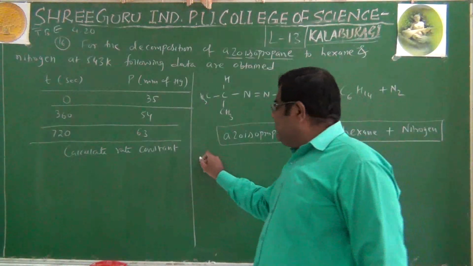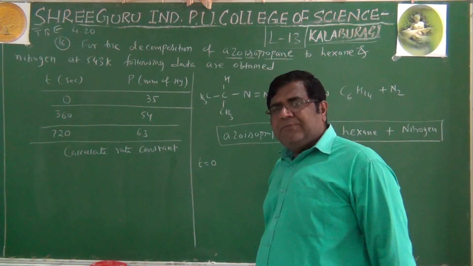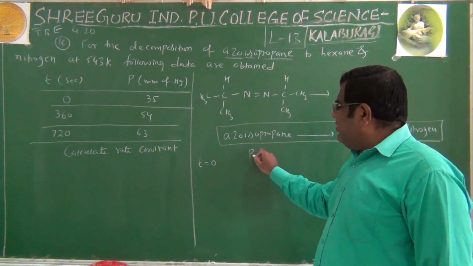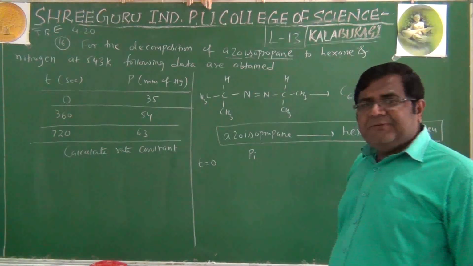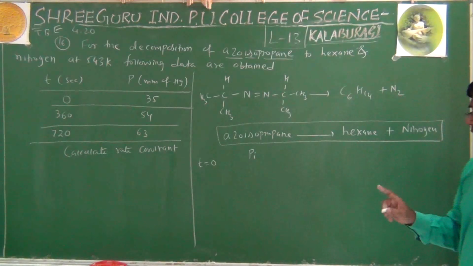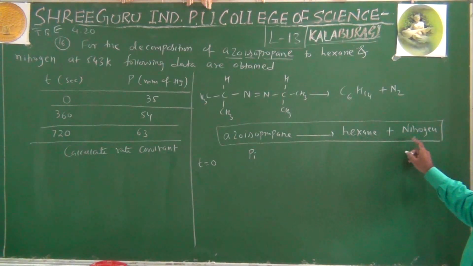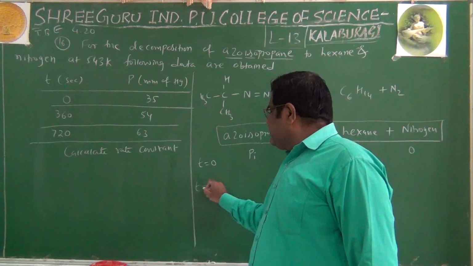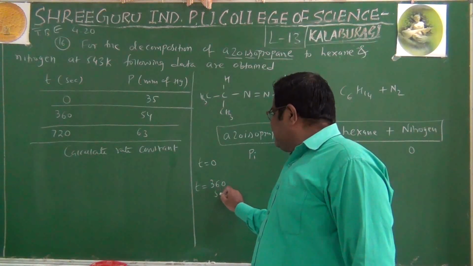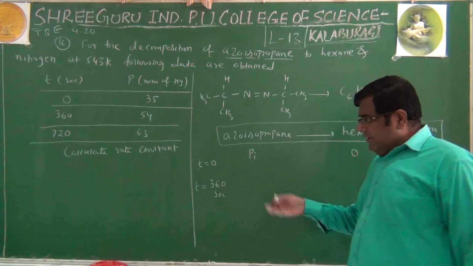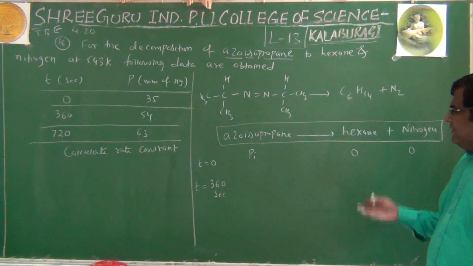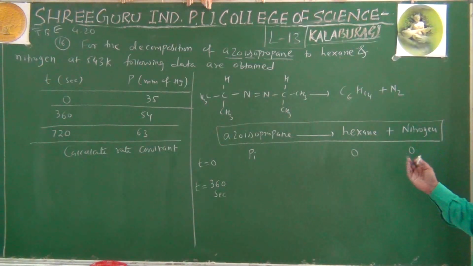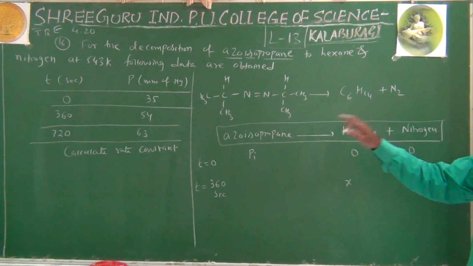Now we can say at t equals 0, this pressure we call Pi, the initial pressure. Initially there is no hexane and nitrogen, so you can write this as 0, 0. One more data point is at 360 seconds. When the reaction proceeds up to 360 seconds, the products also start appearing. Let their pressure be X millimeter of mercury.